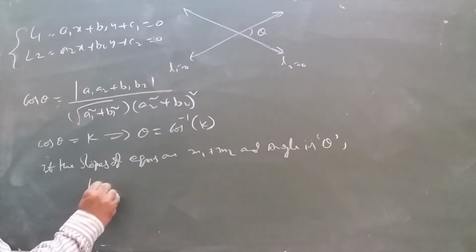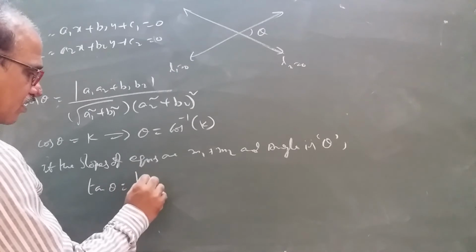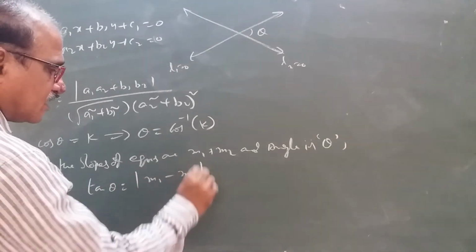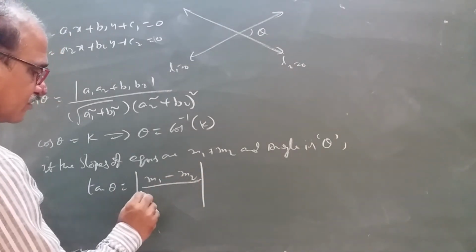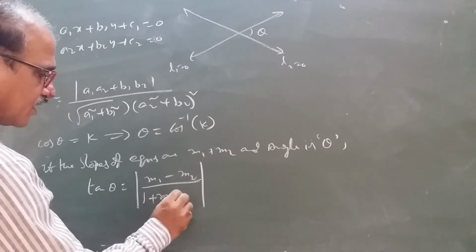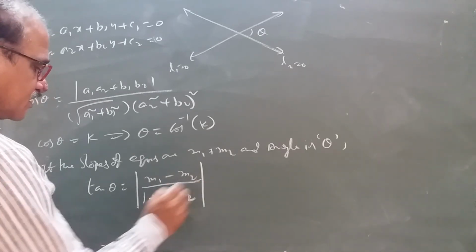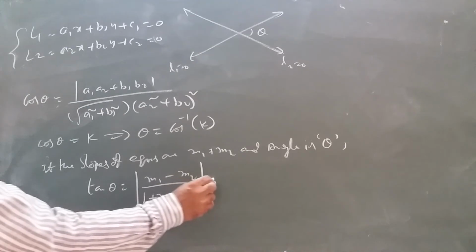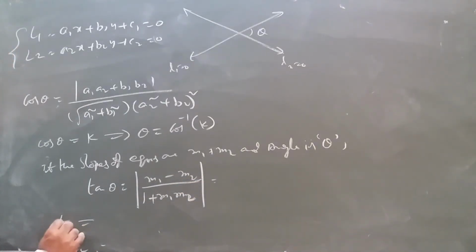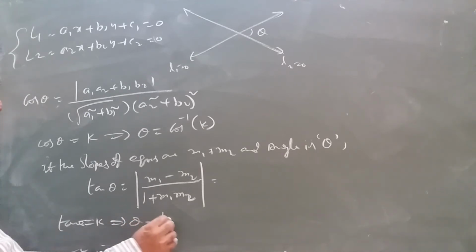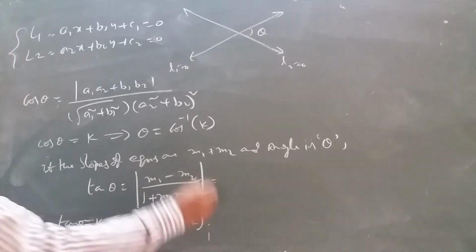The formula is tan theta is equal to mod of (m1 minus m2) by (1 plus m1 m2). If tan theta is equal to some k, that implies theta is equal to tan inverse k.